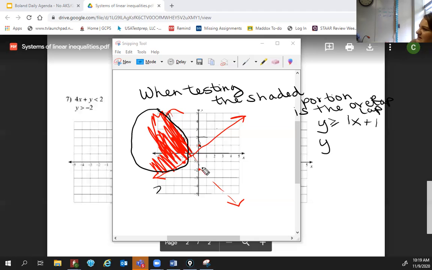If I was going to shade it over here, would y be greater or less? It would be greater. So it's shaded over here. It should be shaded down here, but they didn't care to put that because they only wanted to shade the portion that's overlapping, which is the answer. So I know that y is less than.